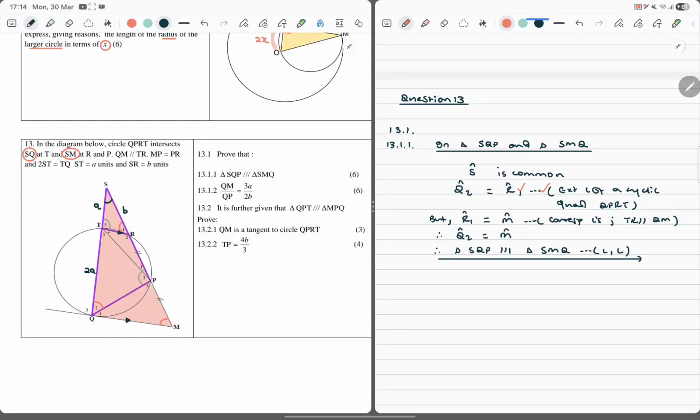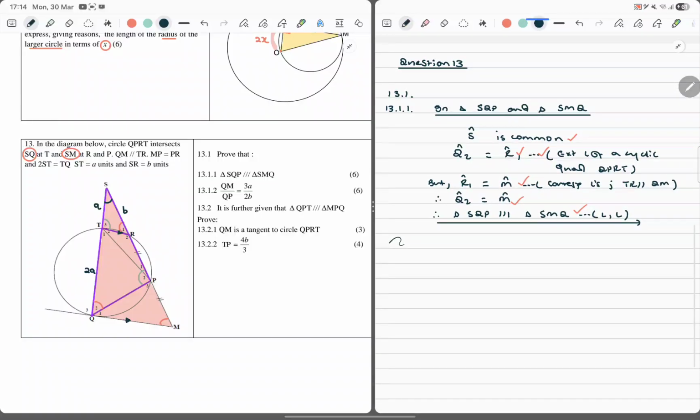Statement and reason, most likely 2 marks. Corresponding angles, maybe. This conclusion was key. The final answer with the reason, 1, 2, 3, 4, 5. Looks like everything gets a mark, but again, it doesn't matter. If it is 6 marks, we take it. We don't cry.